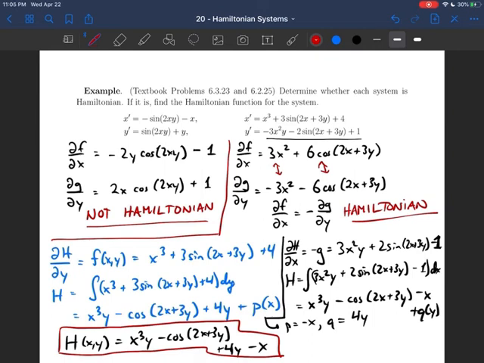Or in a way, this Hamiltonian is the solution of the differential equation. It's just not an explicit solution. It's an implicit solution where the x's and y's are all mixed up together. You take this function equals a constant, and you have a solution of this system. Okay, hopefully that clarifies things a little bit.